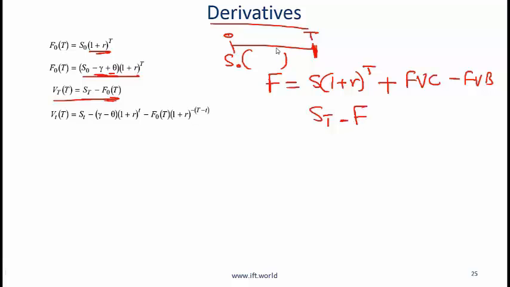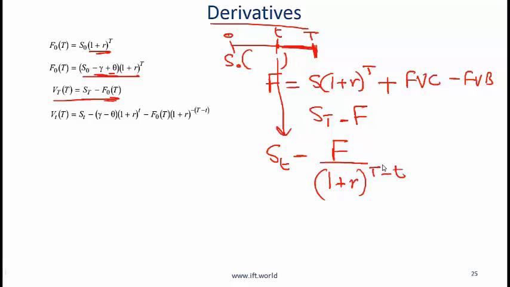Now what about the value somewhere in between, let's say at time small t? If there are no costs or benefits associated with the underlying, then the value at time small t is given by the spot price at time small t minus the present value of the forward price. So that would be F over 1 plus r to the power of this time over here, which is big T minus little t.